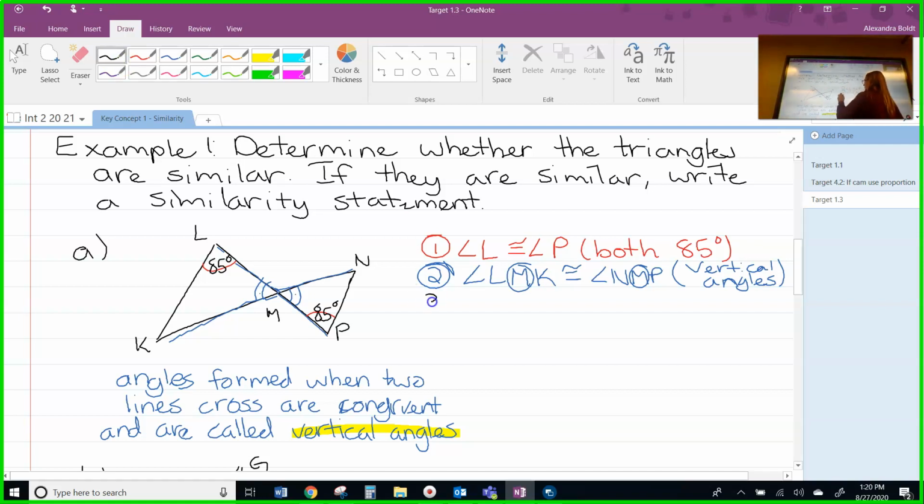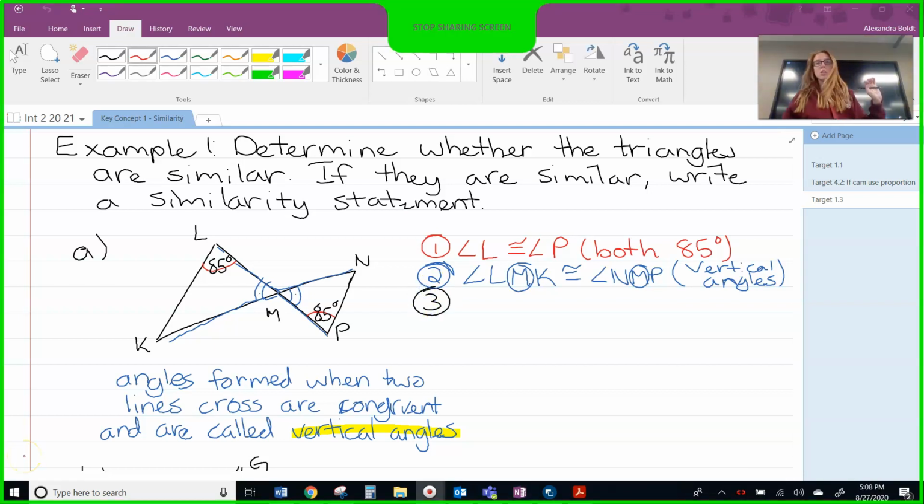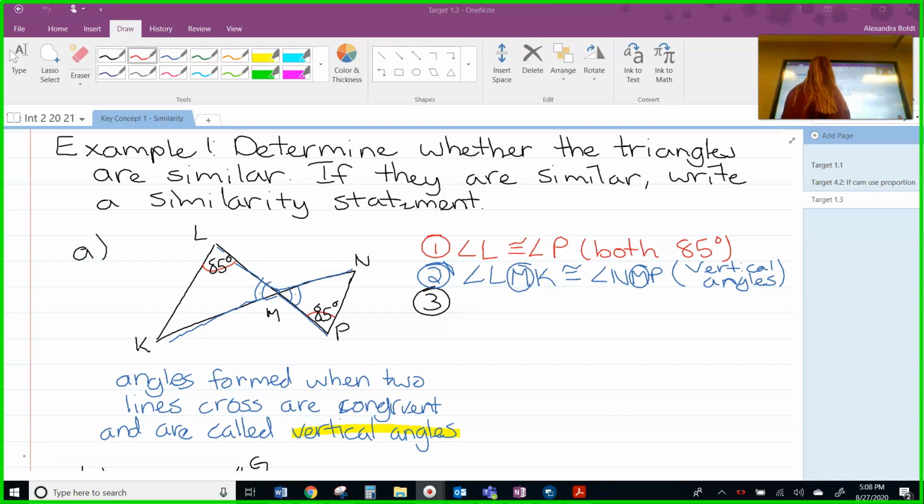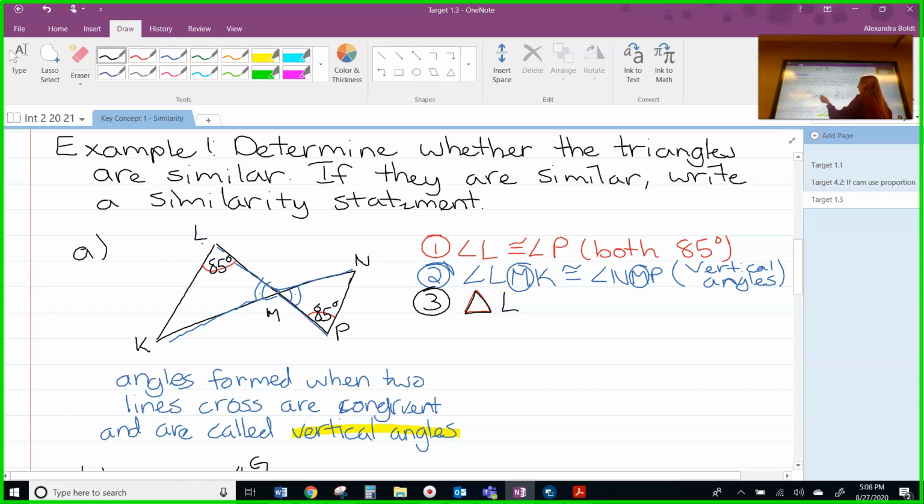So step 3. Our third step is just writing that these are similar because there are two angles. So for my similarity statement, I'm going to write triangle, and I'm going to start with L, my red angle. I'll go to M, my blue angle.